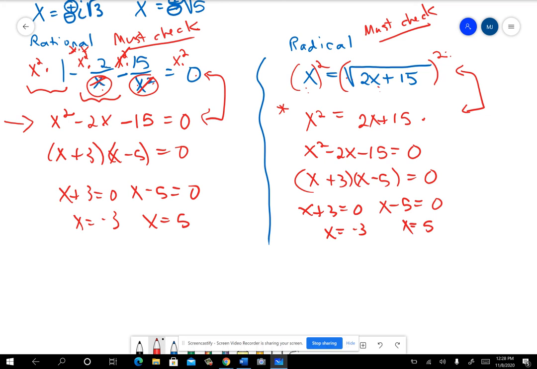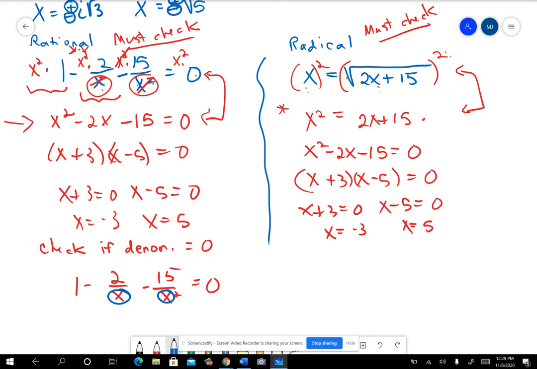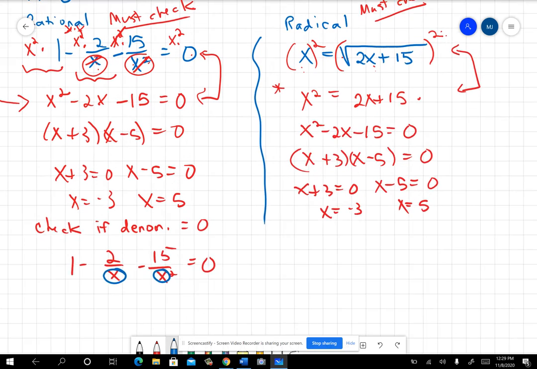So you get to here, but here's the thing. You must check. And what you're checking for here really is in the original problem, check if the denominator equals 0 when you plug these in. So when you go to your original equation, see how x would have to be equal to 0 in order to have a problem?